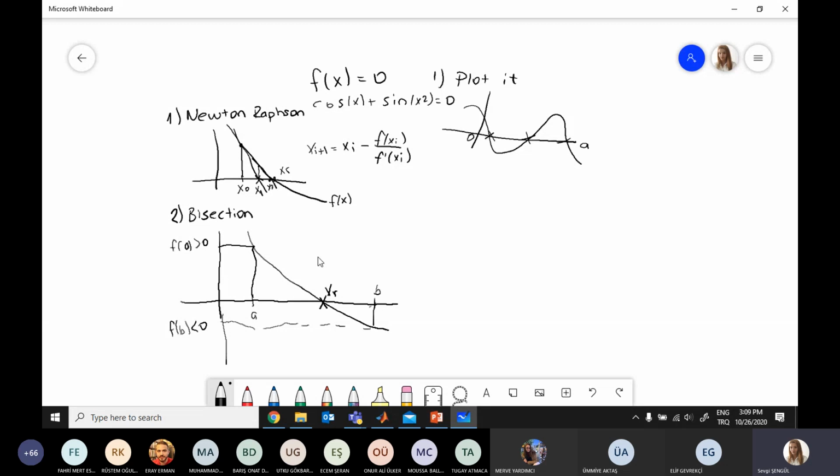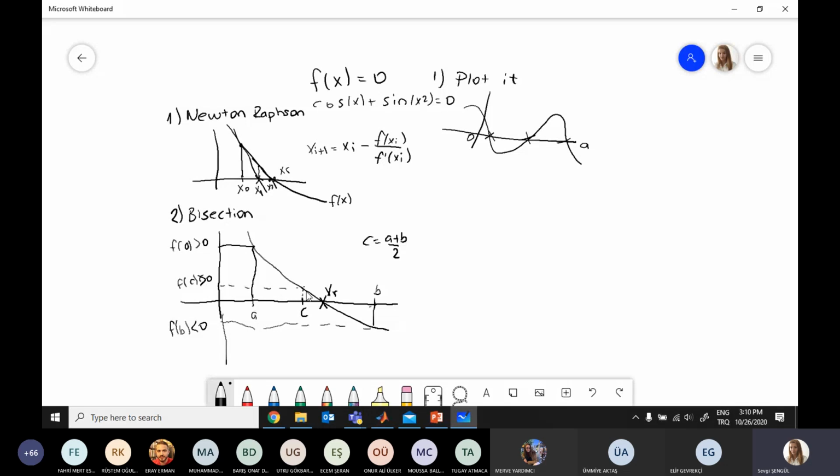And what we were doing, for the next one, x2, you can say, we were checking the middle point of a and b. Let's say this is c, where c is (a plus b) over 2. Then check f of a and f of c, which is positive, then update a with c.